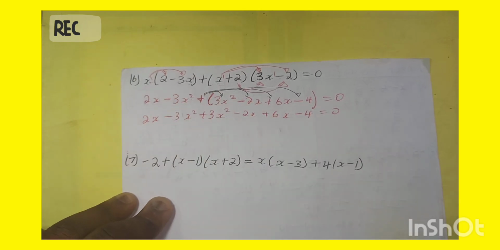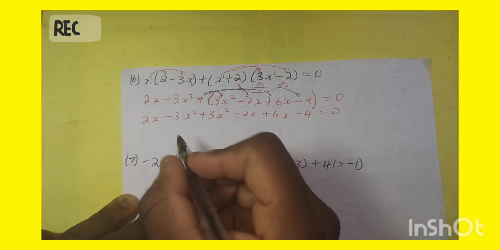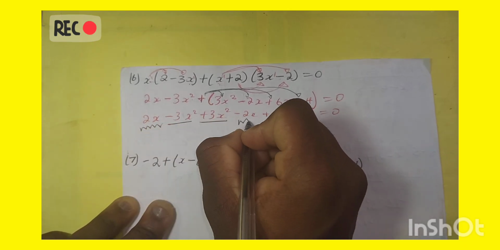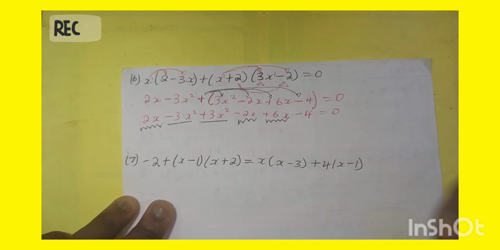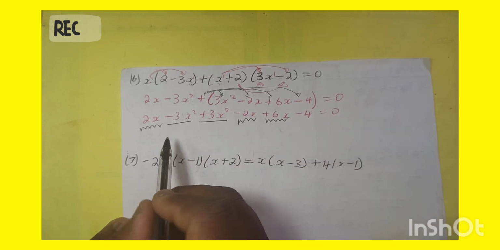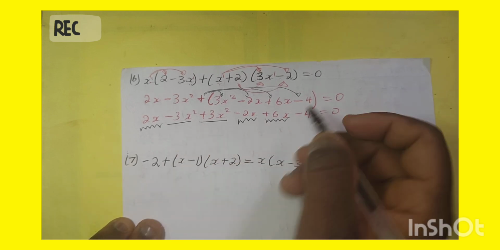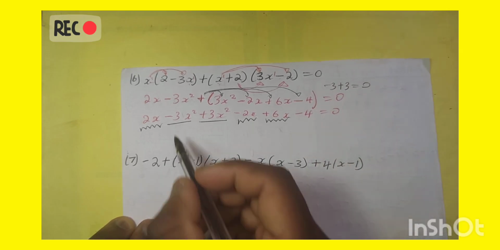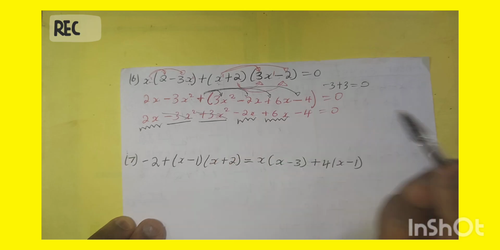Now in this case, you can just collect like terms. These are the like terms, and these are the like terms. If you press this on a calculator, minus 3 plus 3 gives you 0, meaning these two terms cancel each other.